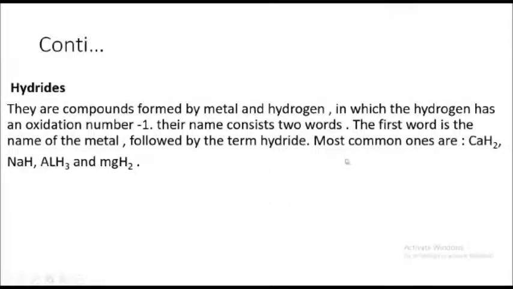The most common ones are calcium hydride. It exists as a molecule, so the 2 comes from the valence of calcium, and the other is put here, so if the charges are different, you make a crisscross. Other examples include sodium hydride, aluminum hydride, and magnesium hydride.